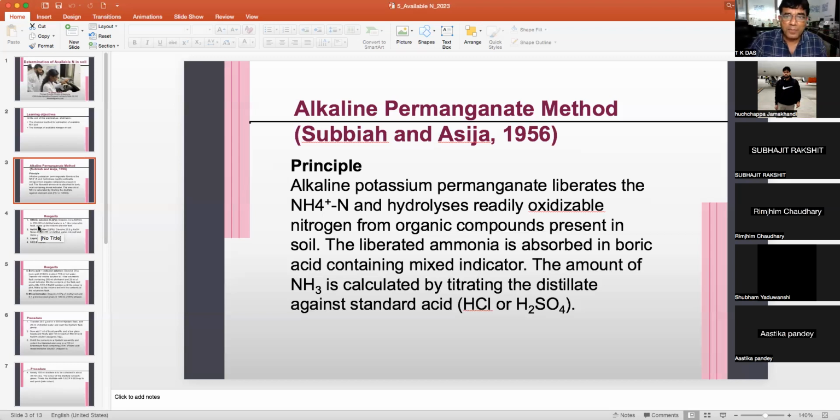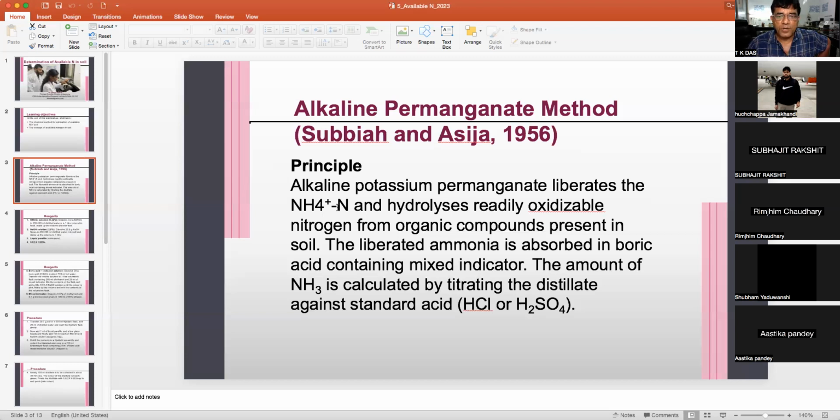Alkaline potassium permanganate, KMnO4, liberates the ammoniacal nitrogen. Why do we add potassium permanganate? Because it liberates ammoniacal nitrogen and hydrolyzes readily oxidizable nitrogen from organic compounds present in soil. So here, readily oxidizable nitrogen is included.